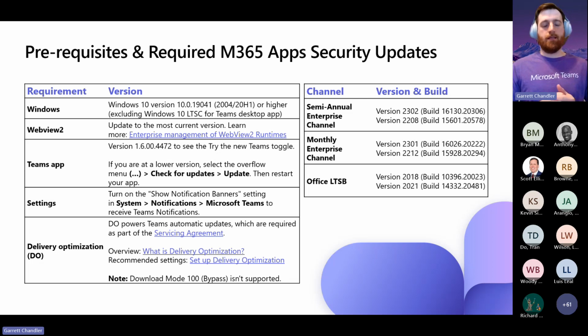And this does exclude, in this particular case, Windows 10 LTSC. Because we're leveraging the MSIX format and getting those apps directly from the Microsoft Store in a lot of ways, and we don't have support for that with Windows 10 LTSC, we will not have support for new Teams on Windows 10 LTSC. So you will be forced to use the web client in those scenarios.